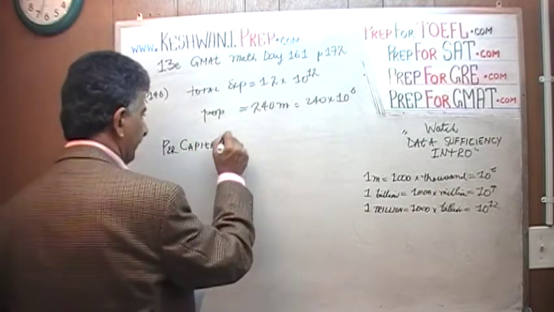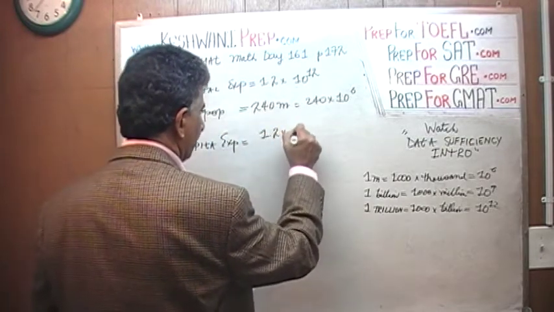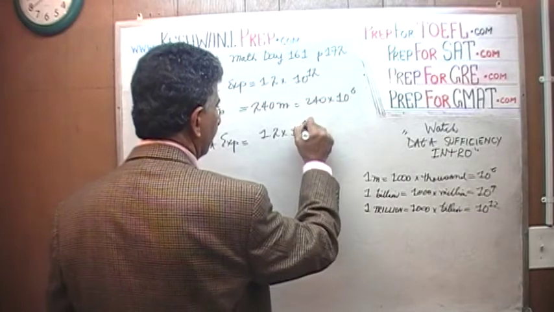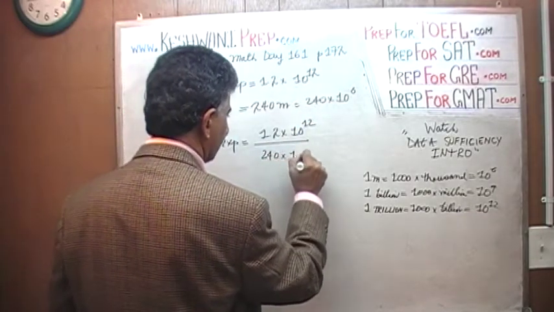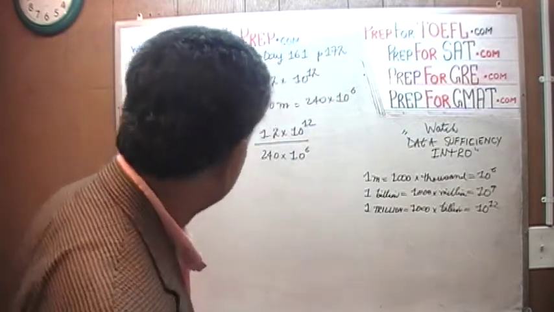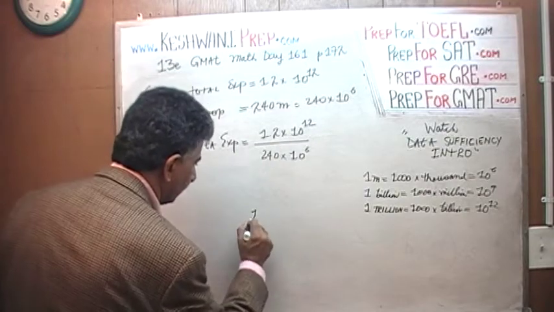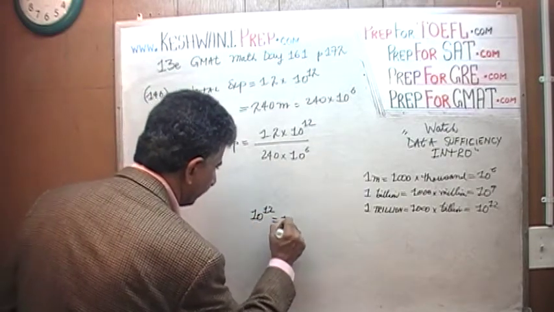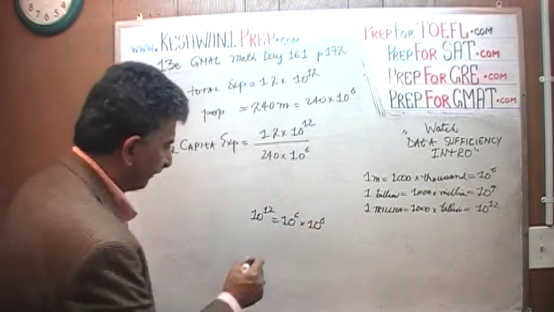Per capita expenditure would simply be the total expenditure, 1.2 times 10 to the 12, over 240 times 10 to the 6th. Now 10 to the 12 can be written as 10 to the 6th times 10 to the 6th. 10 to the 6th is a million.